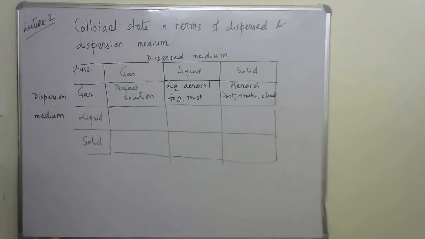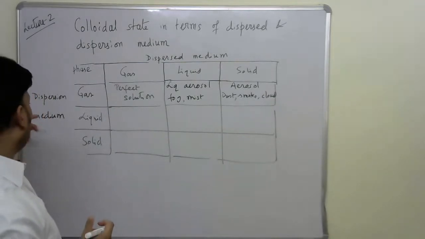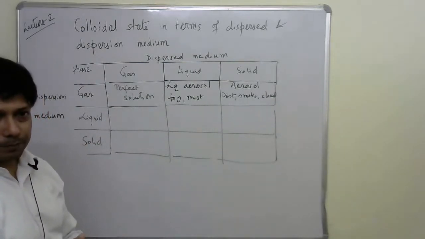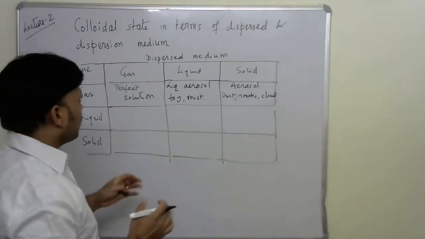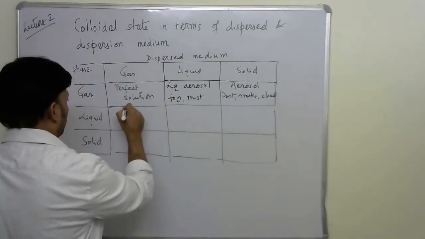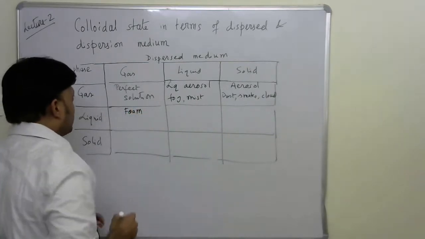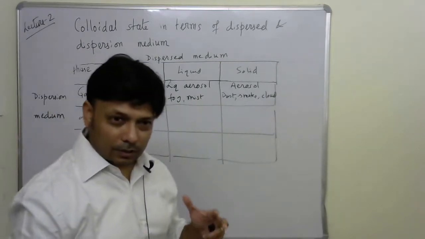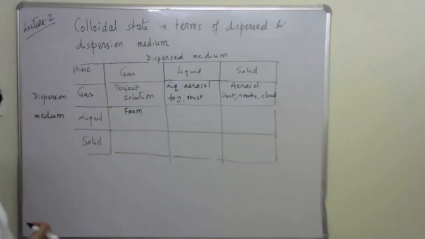And then we move on to gaseous dispersed medium and liquid dispersion medium. This type of colloidal phase is called foam. That means we can think about aerated water. What would be examples of this?